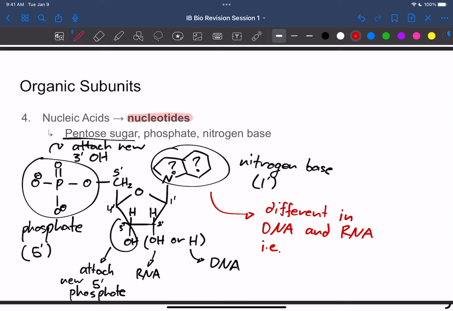An example is uracil versus thymine, or U versus T. U is only found in RNA, and T is only found in DNA. Don't worry if this is all over the place. This will be very prominent in topics 2.7 and 6, I think, which is the genetics part. But that's the subunit for nucleic acids.